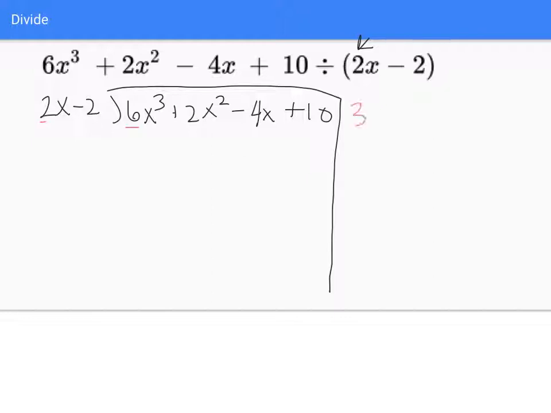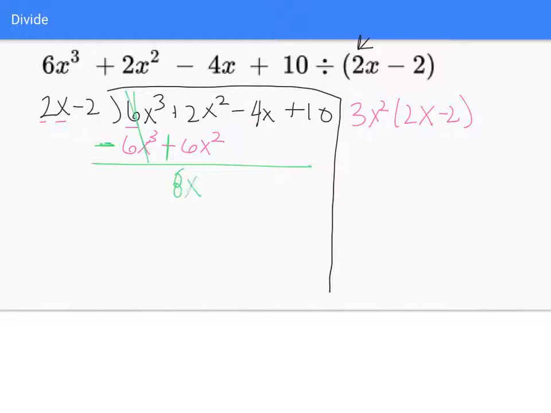So that'd be timesing by a 3. I have 1x here, but I need a total of 3, so I need 2 more x's. You multiply that by what you are dividing by. So this becomes a 6x cubed. Now these two cancel. This becomes an 8x squared, and I bring everything else down.